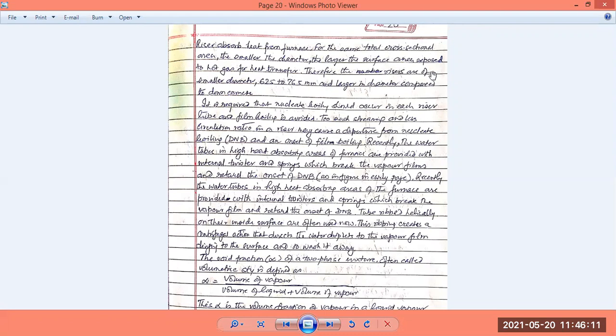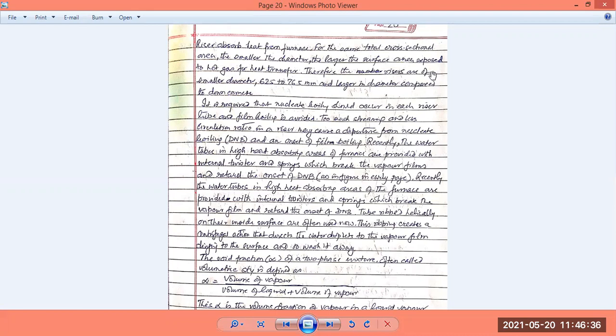Risers should have less diameter and more number, so that a larger surface area is exposed in terms of the larger number of risers, and the hot gases transfer heat to the water itself.